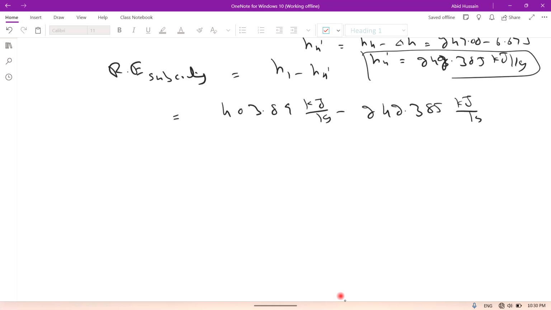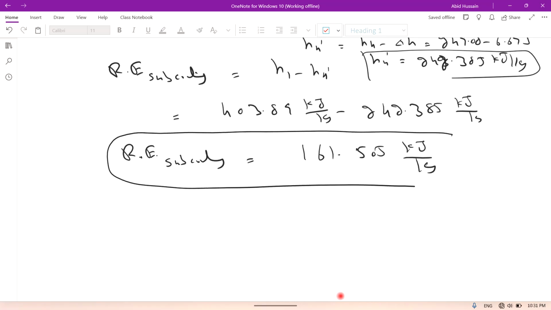So refrigeration effect after subcooling is equal to 161.505 kilojoule per kg. The refrigeration effect has increased from 154 to 161.